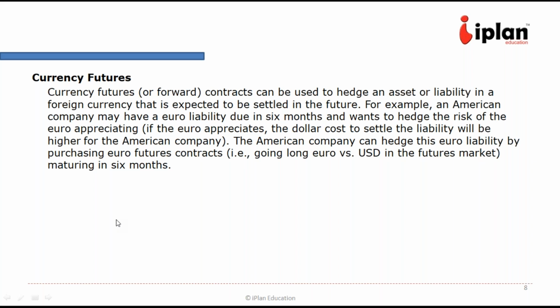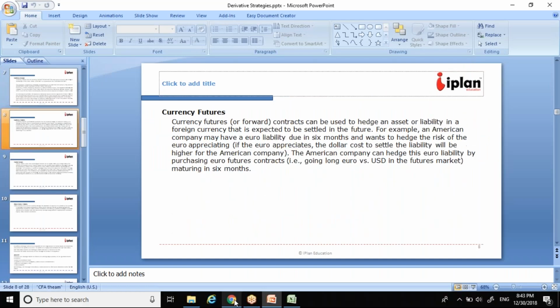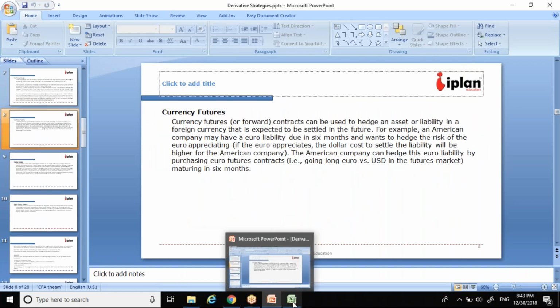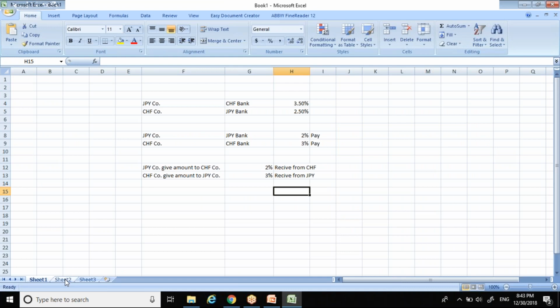If the euro appreciates, the dollar cost to settle the liability will be higher for the American company. So the American company can hedge the euro liability by purchasing a euro future contract. I'll explain this, because in Level 1 you don't have too much on currency. I'll explain how this works.